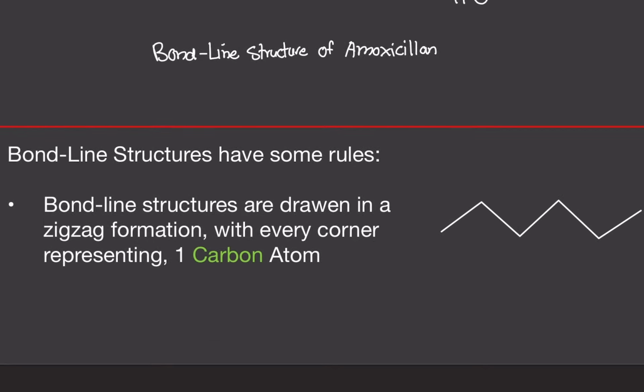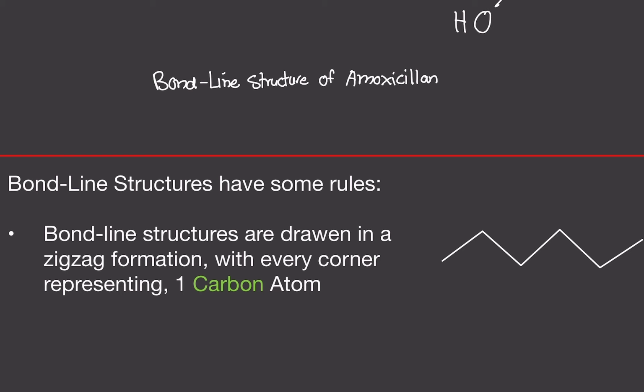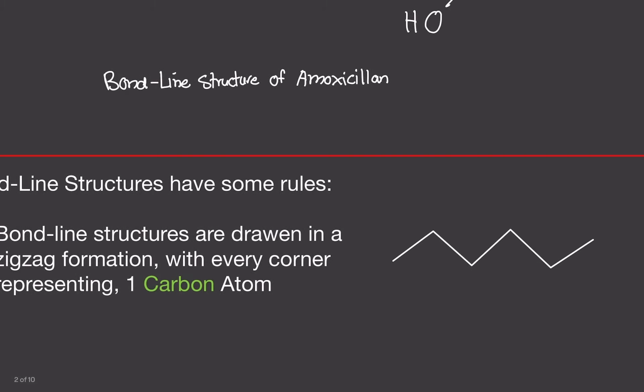So for bond line structures, let's go over how to write them out and what they are. Bond line structures have some rules to them. Bond line structures are drawn in a zigzag formation, with every corner or bend, or even the end of the molecule, representing one carbon atom.